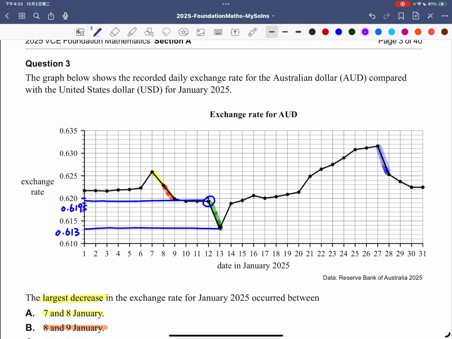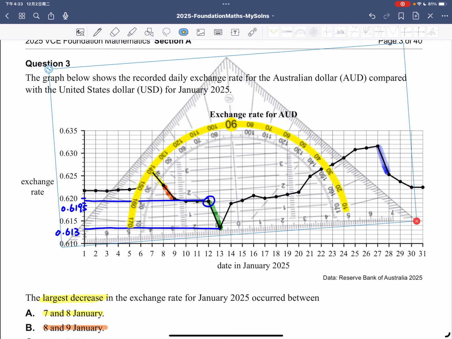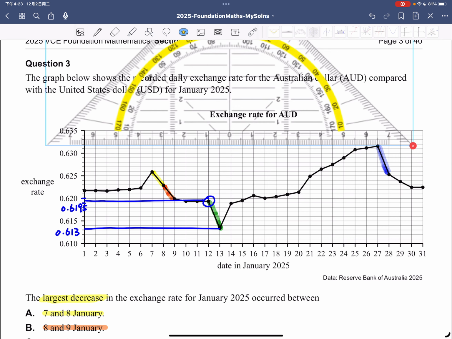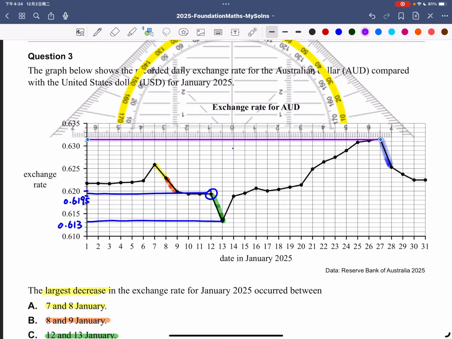Also, if you do a similar thing, let me just use the ruler again. Well, this is not a proper ruler, but it does the job. So for example, use the ruler to align this point to the scale number.